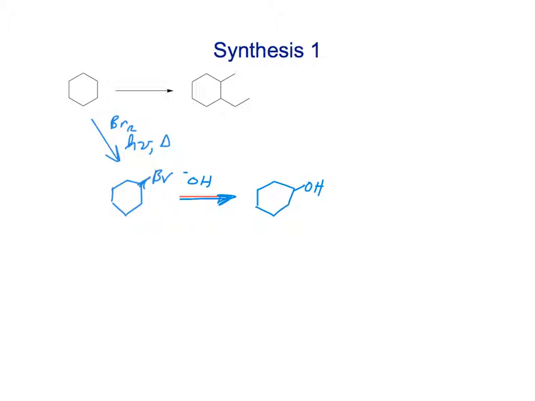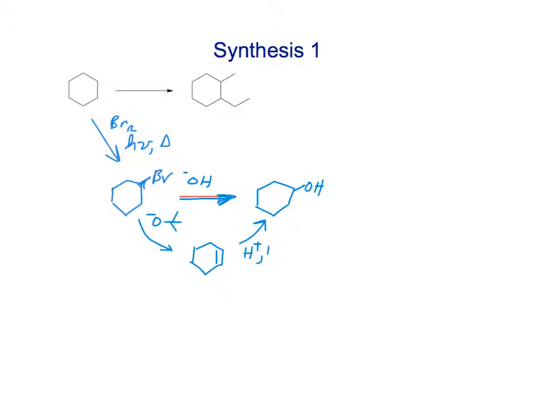Right, so another way to do this in 2 steps is if we treat this with a strong base, maybe even a bulky one that won't do a substitution, let's say we use tert-butoxide, something like this, then it will only do elimination, okay? And then we can just do a hydration reaction.